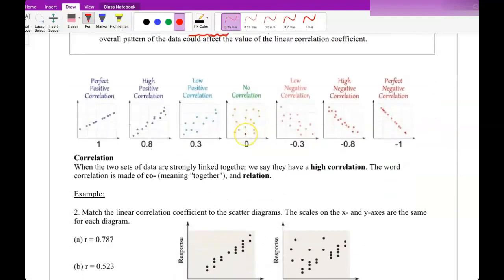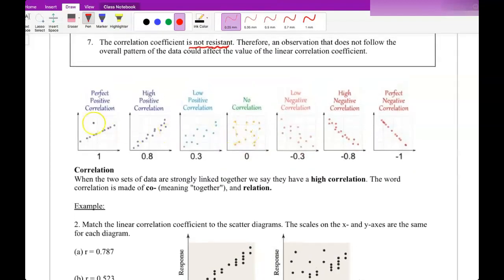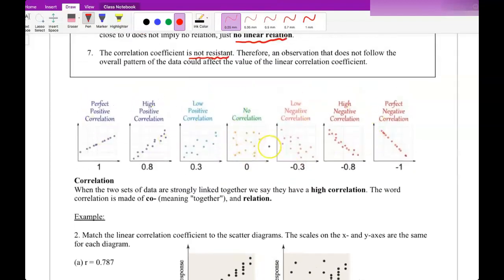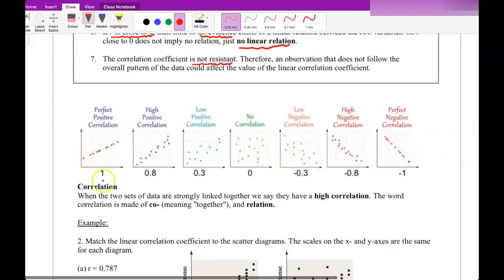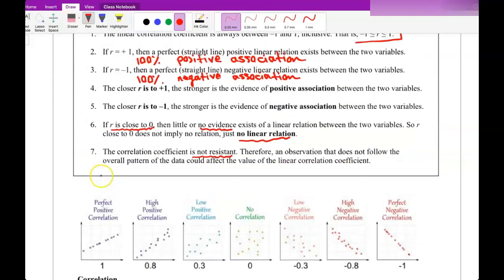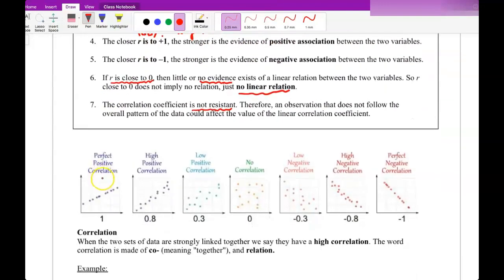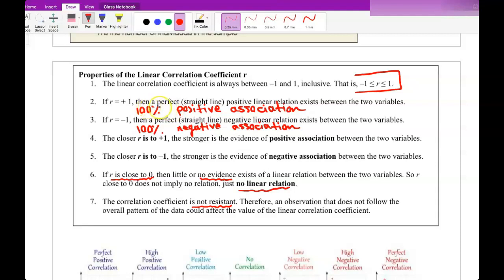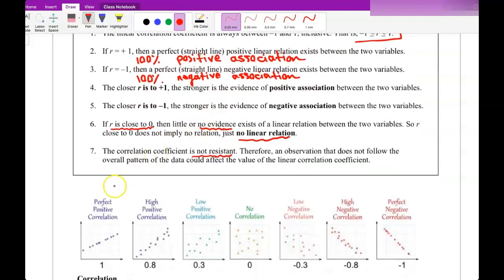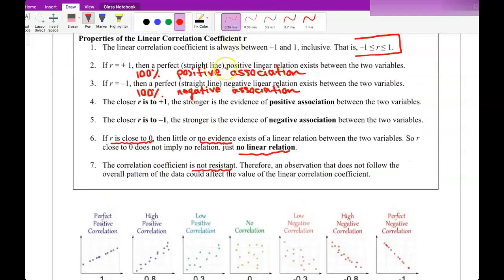Okay, let's see what we have here. Here we have all these that we had on top. Starting from the left, we have r equal to +1. That's how we have a perfect positive correlation. Exactly, here on top we have that one, perfect positive.